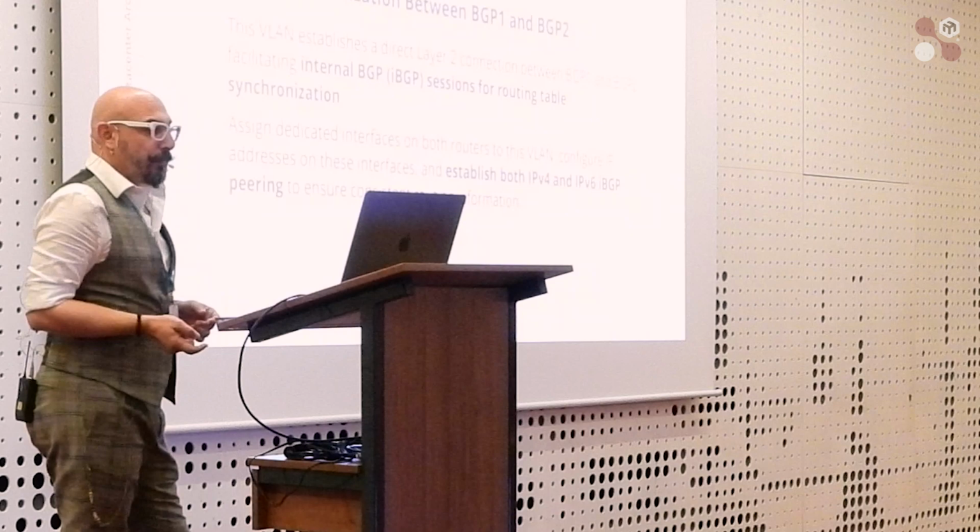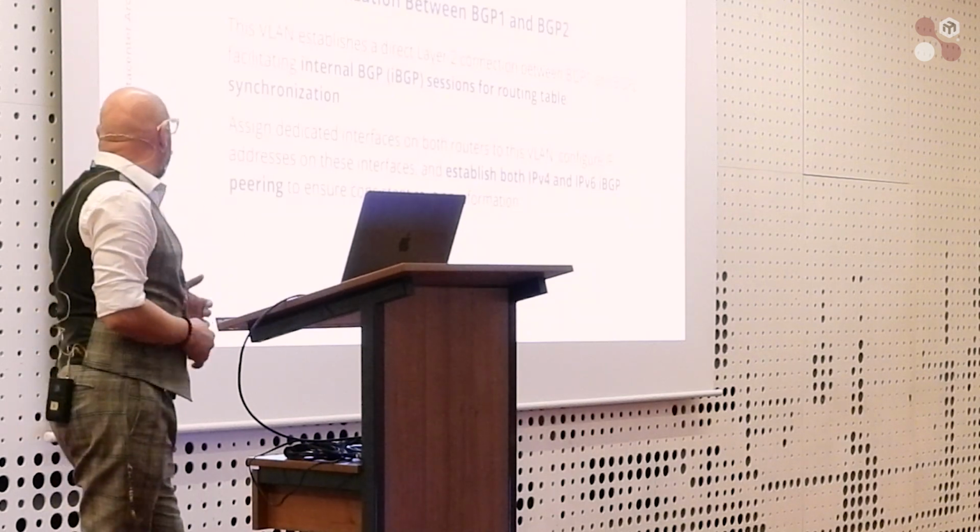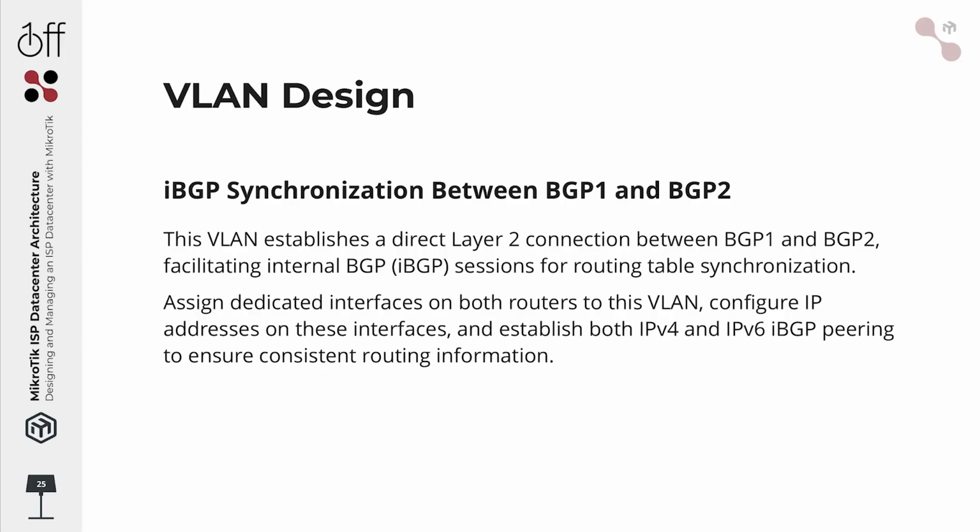So the IBGP is set up between the two routers through the switches. In this case, we will see later another example, and they establish both IPv4 and IPv6 IBGP peering.